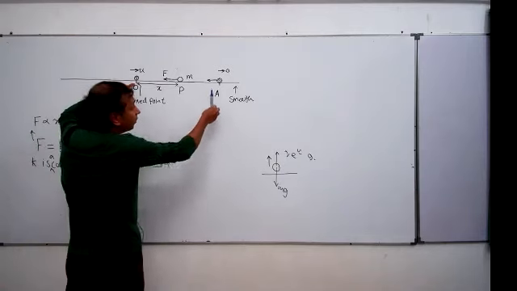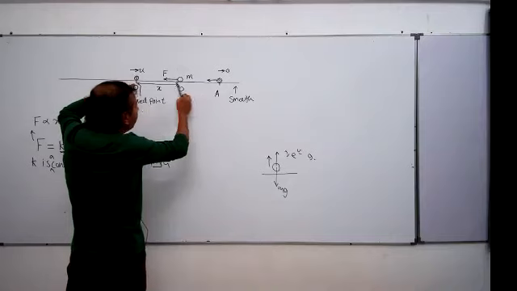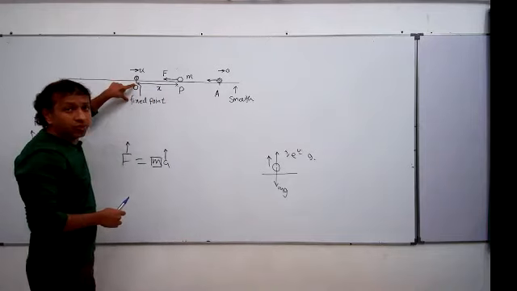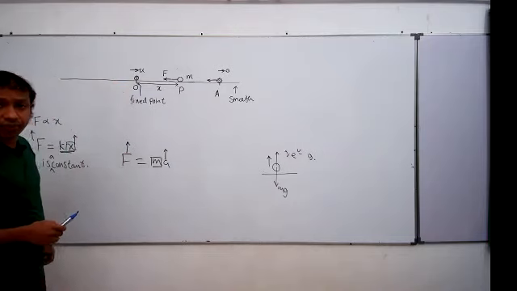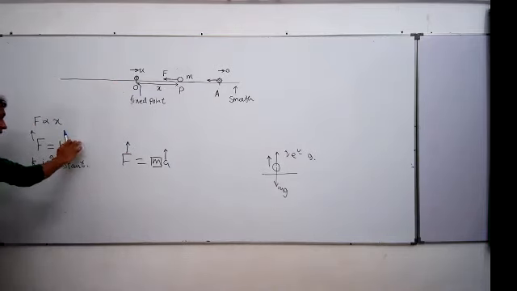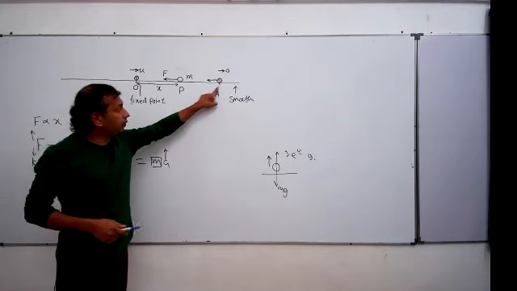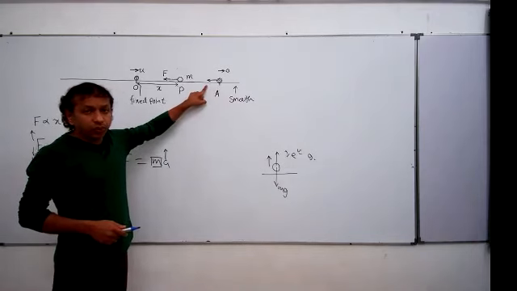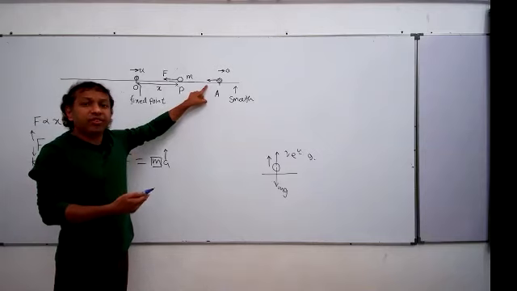But as the particle comes towards O, the distance X from O to the particle decreases. X decreases, and since K is a constant, F decreases. That means once the particle moves towards O, the particle always has an acceleration this time.